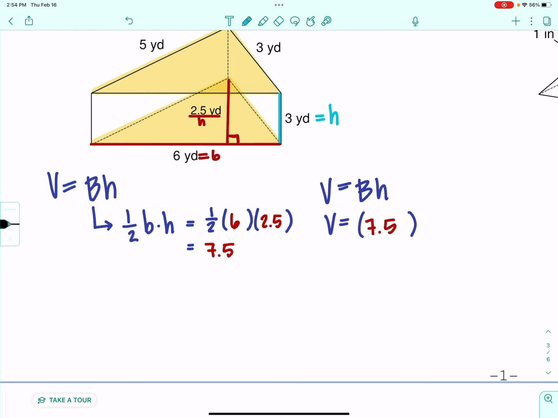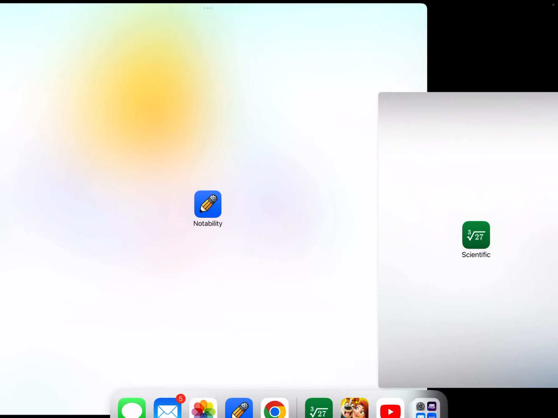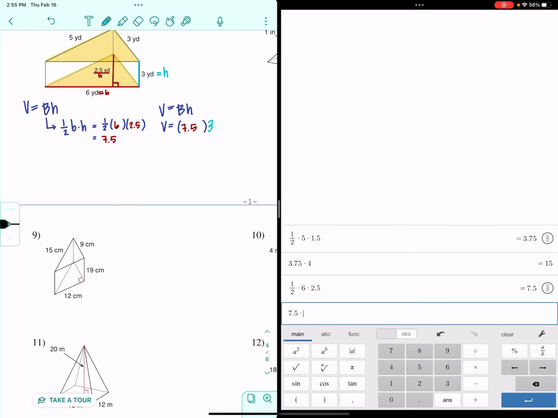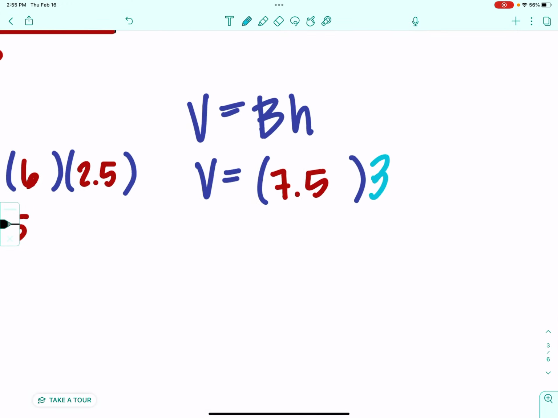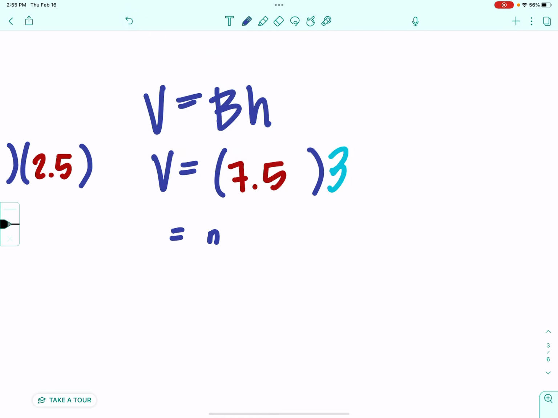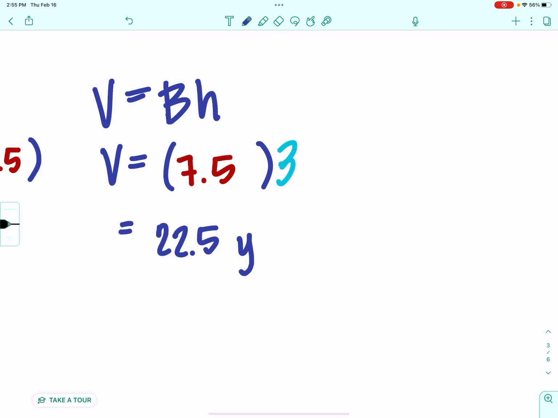The height of my prism was 3. If I go multiply these together, 7.5 times 3 gives me 22.5. We're measuring in yards, so this is going to be in cubic yards.